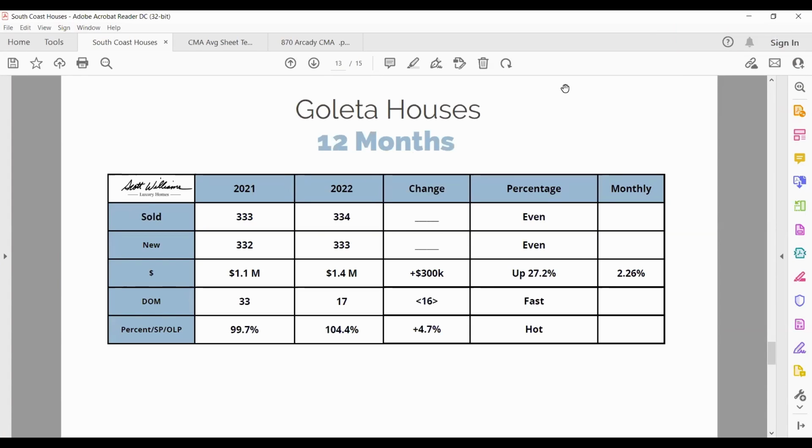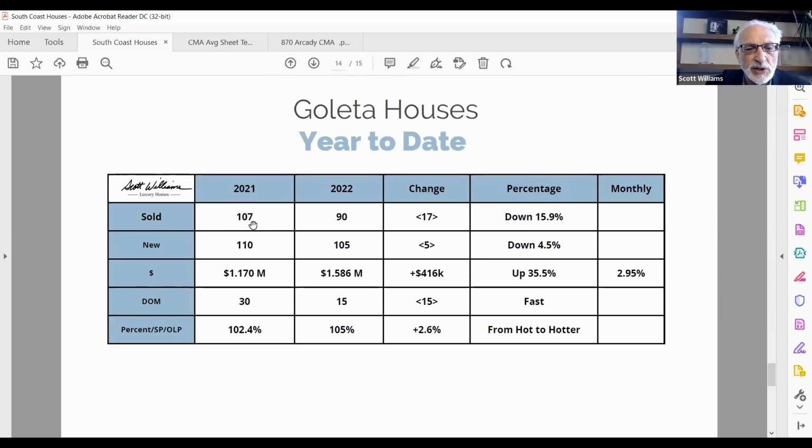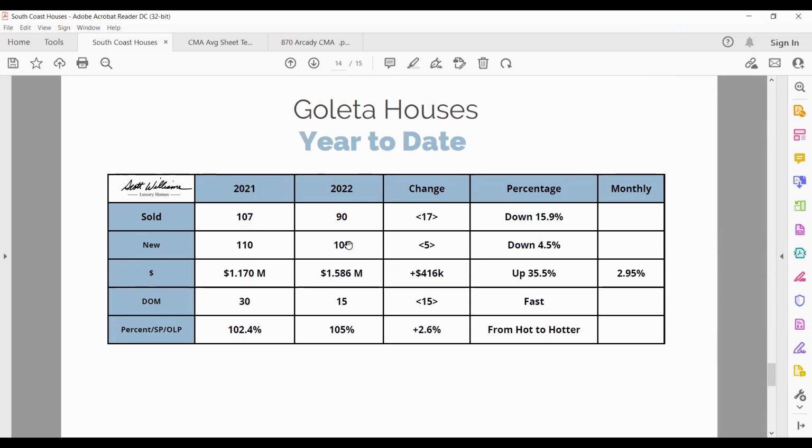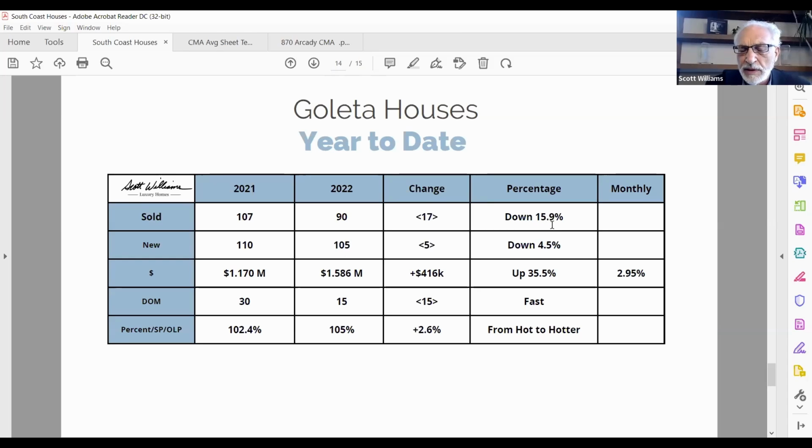So what I was wondering on the inventory, we're equal. Now, where's that other slide that showed how many houses? Okay. That's 12 months. Now here's year to date. Here you start to see the slowdown. Being down 15% or 5%, it's not too bad.